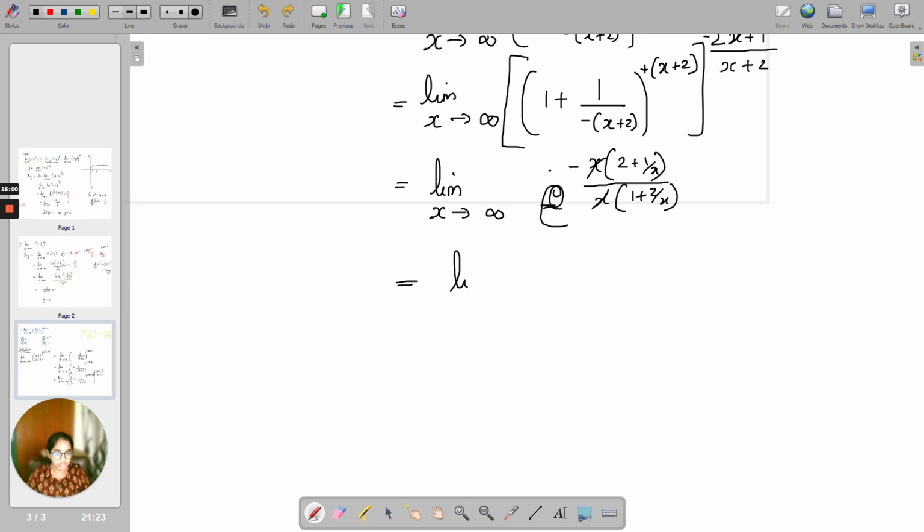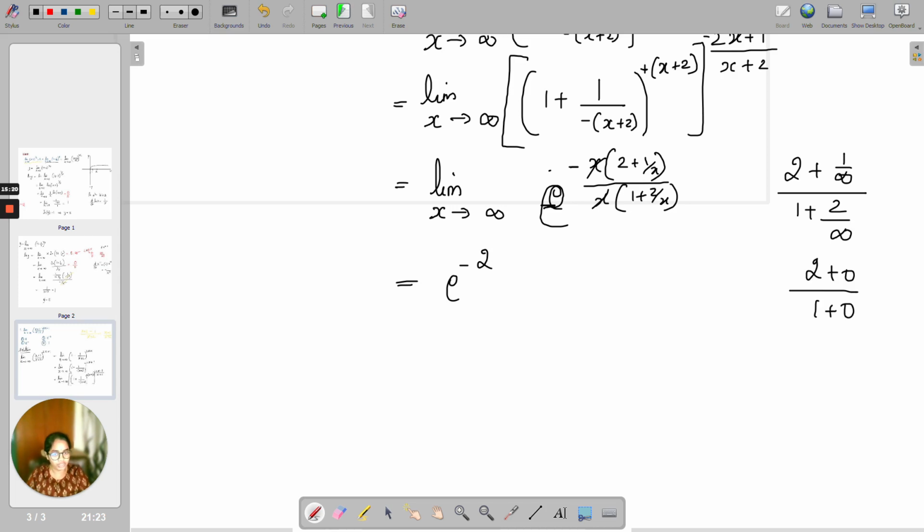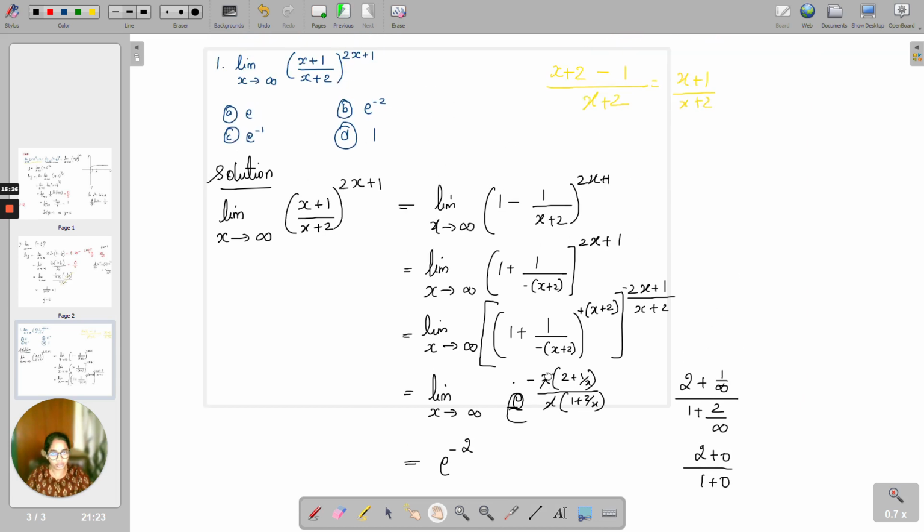Okay, no limit because I'm applying the limit, right? x tending to infinity. So I would get minus 2, because 2 plus 1 by infinity divided by 1 plus 2 by infinity is 2 plus 0 divided by 1 plus 0, which is nothing but 2. We have a minus sign over here. Okay, so do we have this option here? Yes, so the correct option is B.